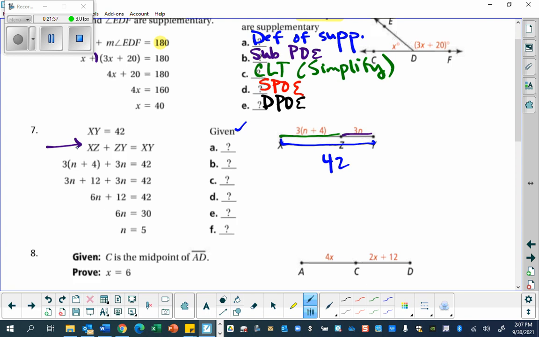It's not the transitive, and it's not from 2-4, so you've got to go deeper back. Who says that I can take these 2 pieces of this segment? What operation am I doing? Not that, that's if they're equal. It would be the definition of the midpoint if they're equal. Where is it in the notes? You can add 2 pieces of a segment to get the whole.